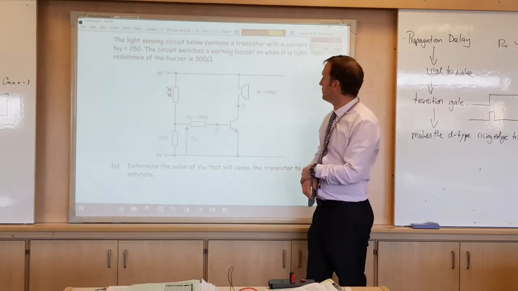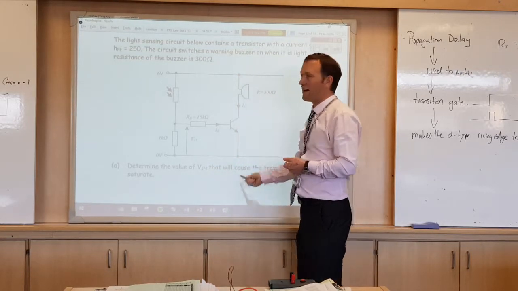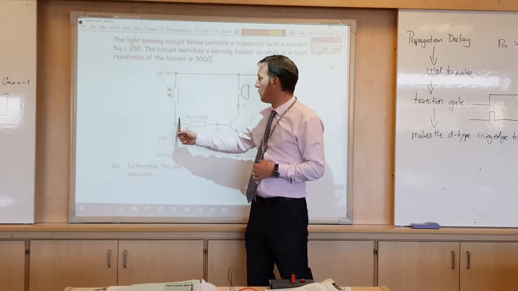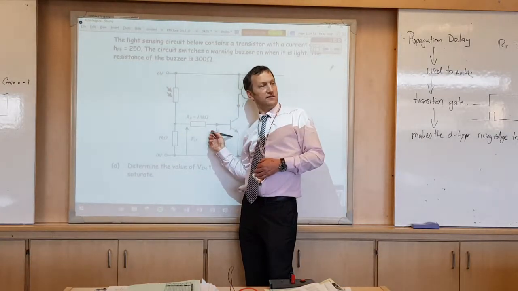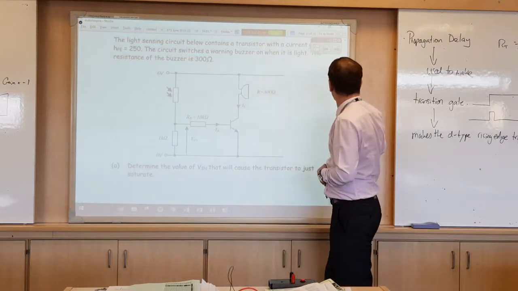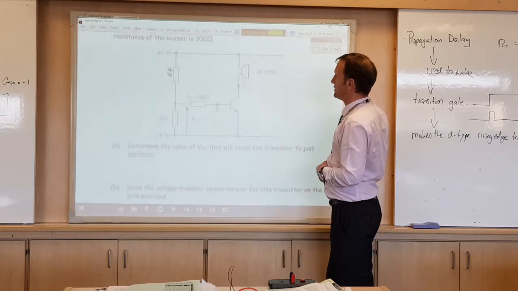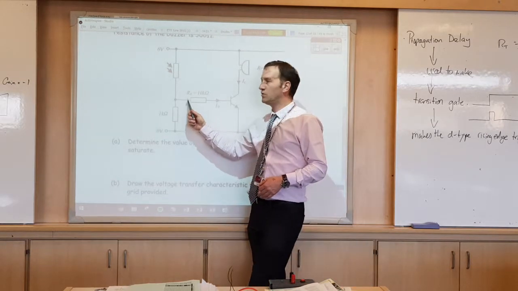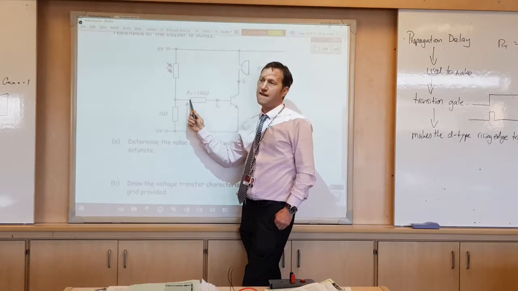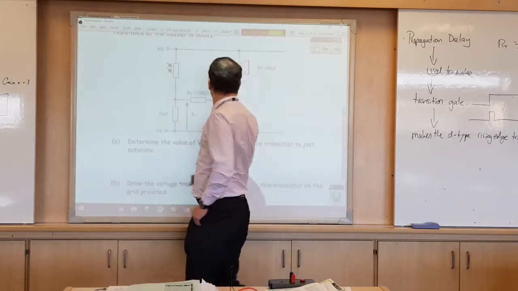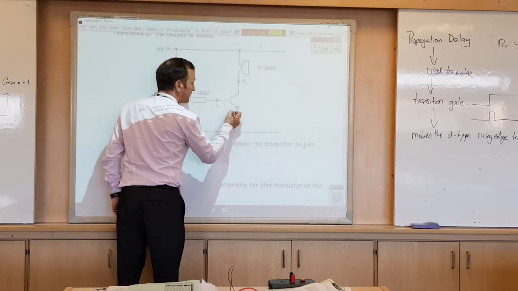So to do that, we need to really find out first what IC is, and then using HFE we can work out what IB is, using that current gain formula. Once we've done that, we know IB, we can use Ohm's law to work out the voltage across that resistor, and then we have to add on to that what's the voltage across here always?